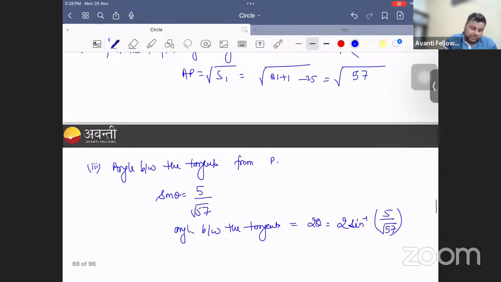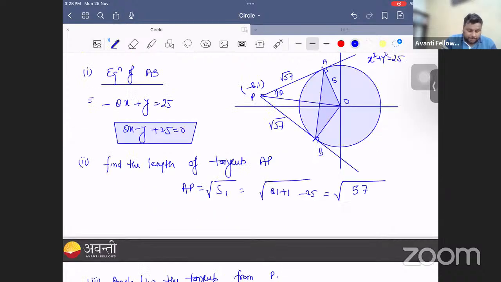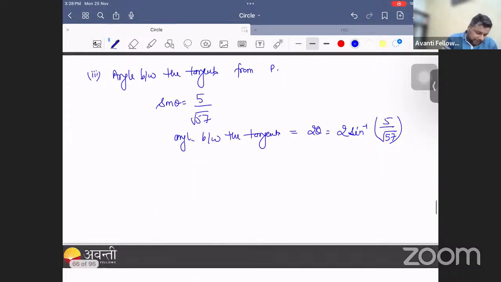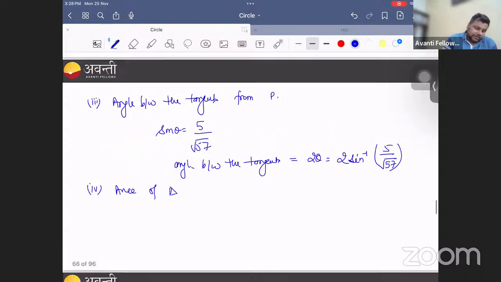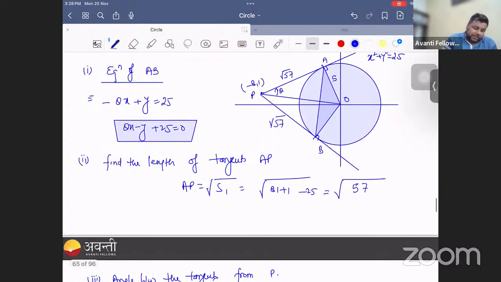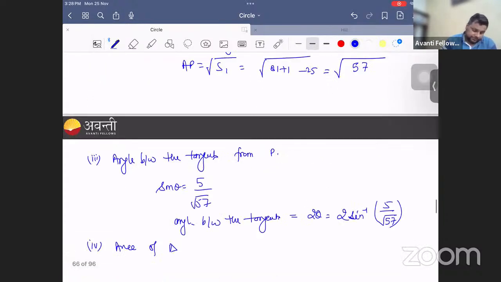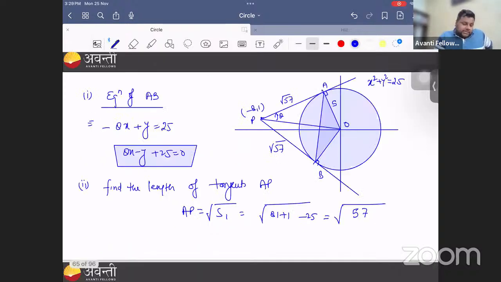Now, what next can they ask you? Area of triangle. Don't take the triangle, take the entire quadrilateral PBOA. Area of quadrilateral. Now see, the area of this quadrilateral is going to be double the area of triangle POA.